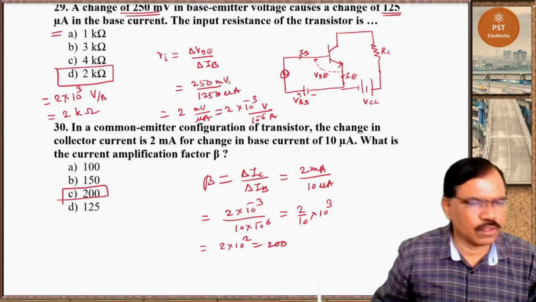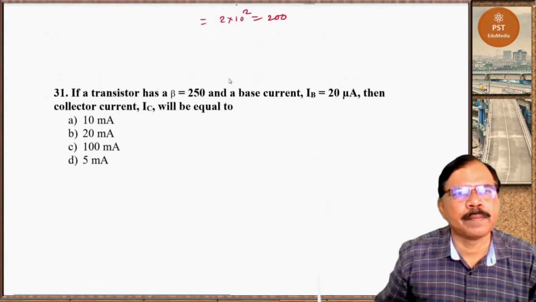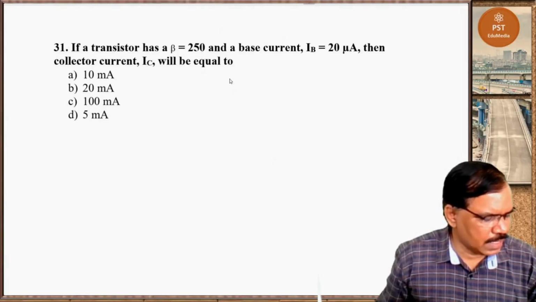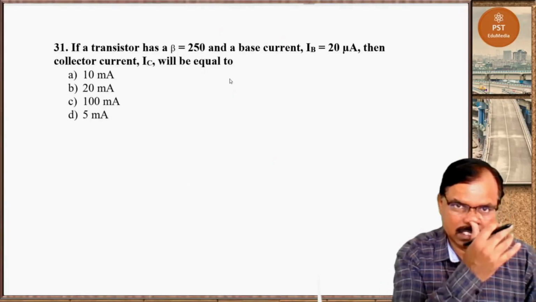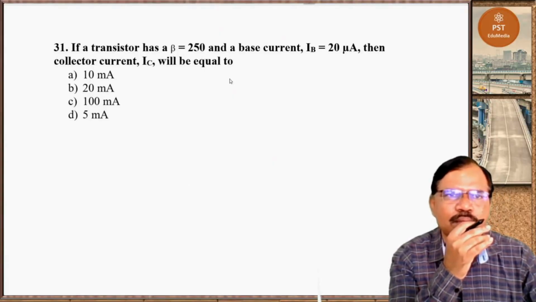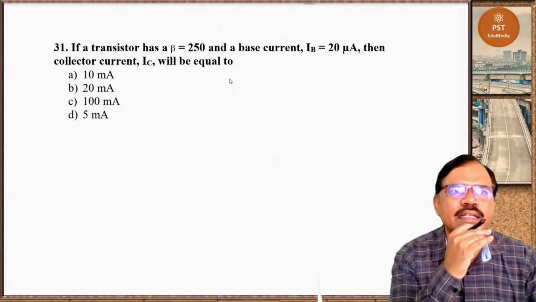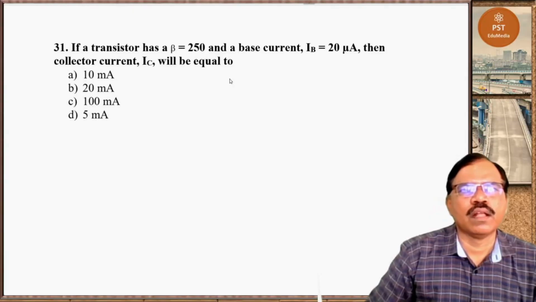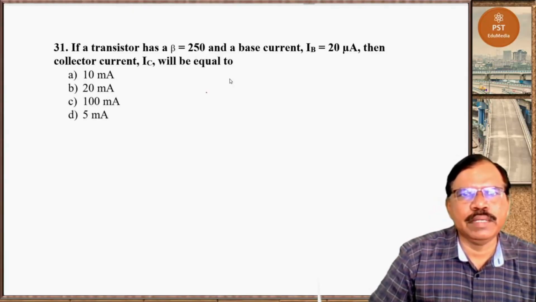Now next one, if a transistor has beta equal to 250, IB is equal to 20 microampere, then the collector current IC will be equal to. Now we know beta is equal to IC upon IB.